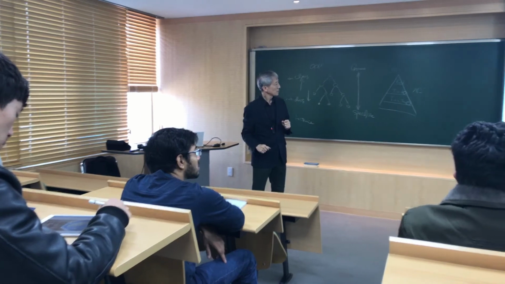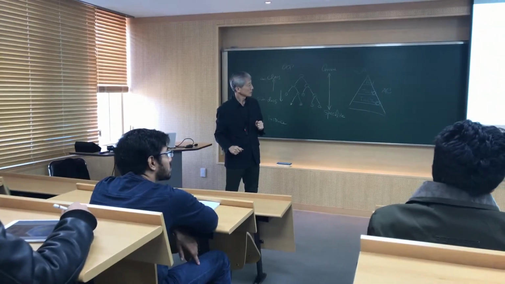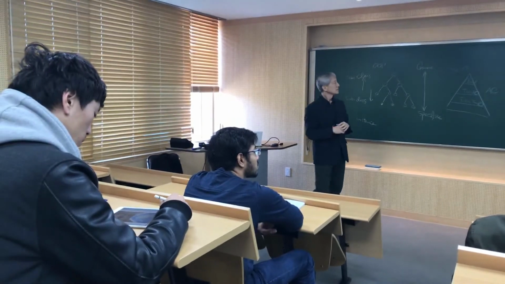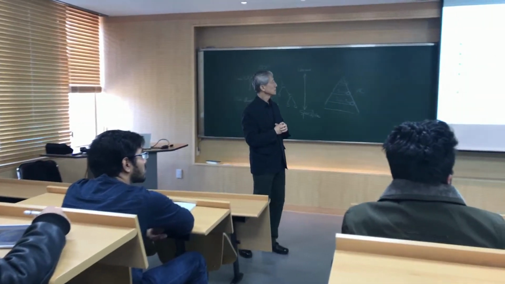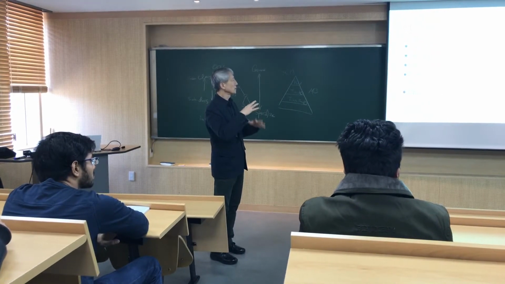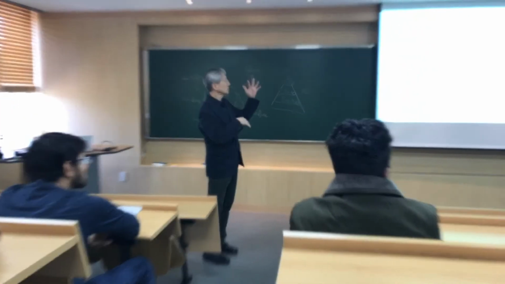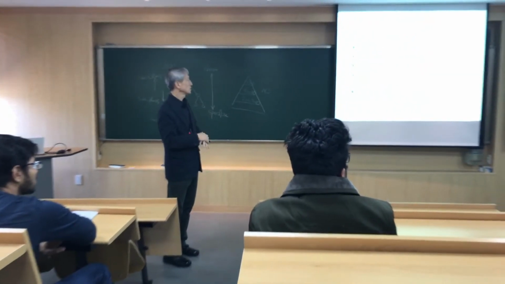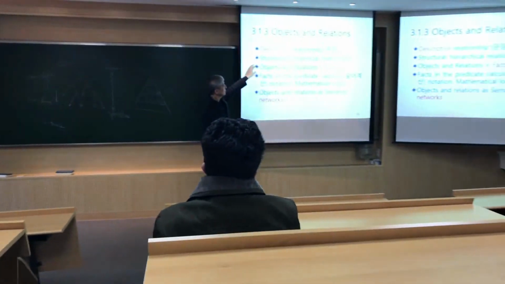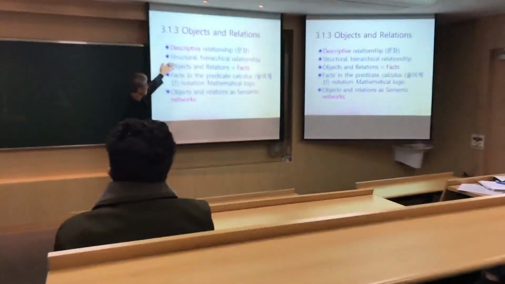Set operation, Boolean operation is also another kind of layers, shaping and handling. And object relations, descriptive relations. There are different relationships, structural relationship, hierarchical relationship. We already saw that a fact is made of objects and their relations.